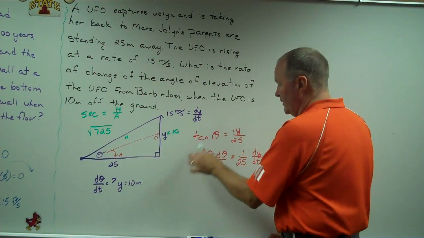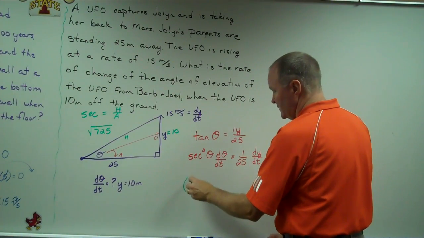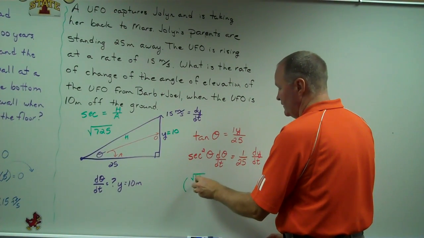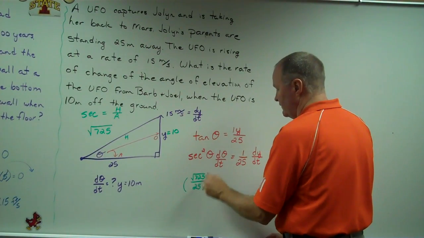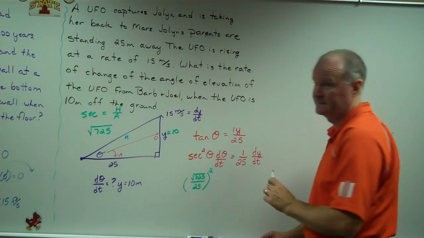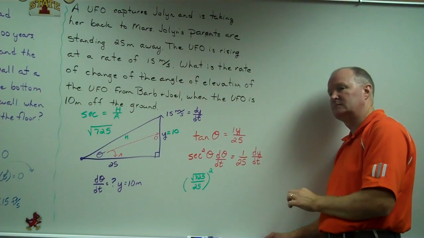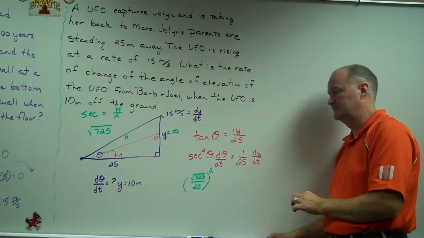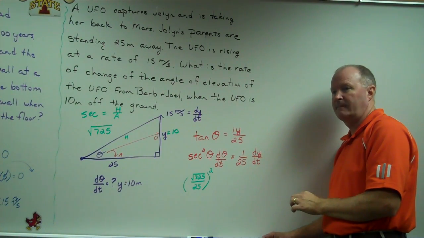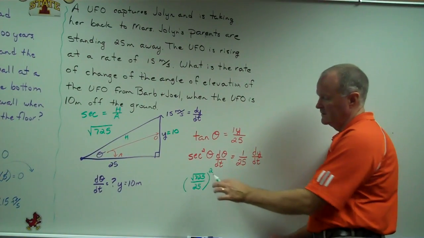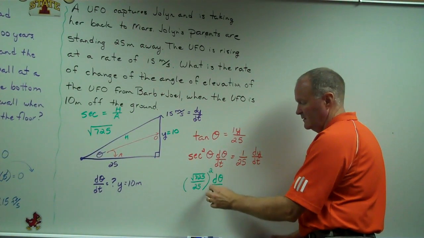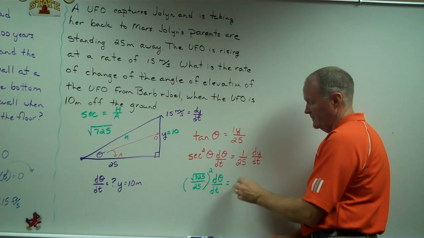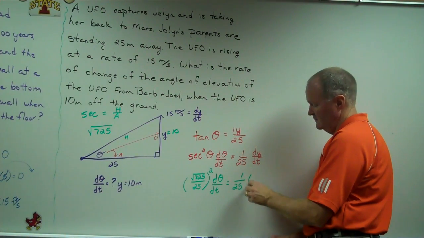So the secant, when I plug it in here, is the square root of 725 all over 25. Use the Pythagorean theorem to get the hypotenuse. d theta/dt, 1/25 and 15.